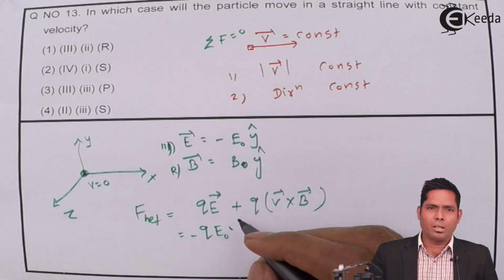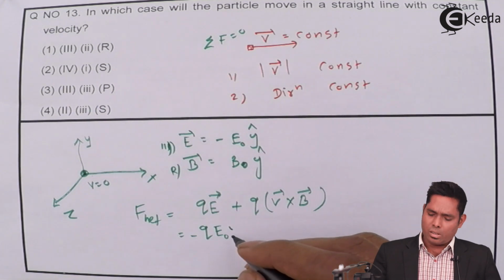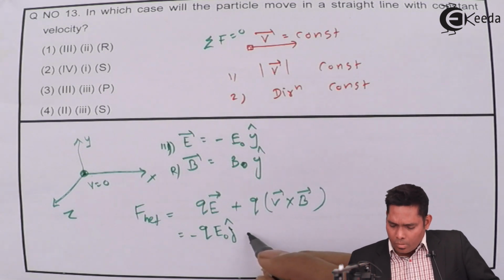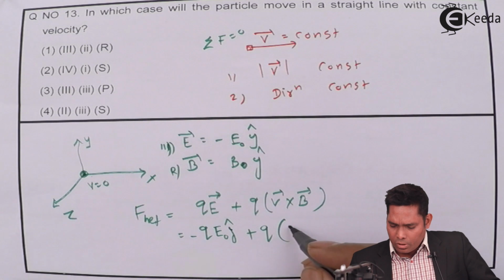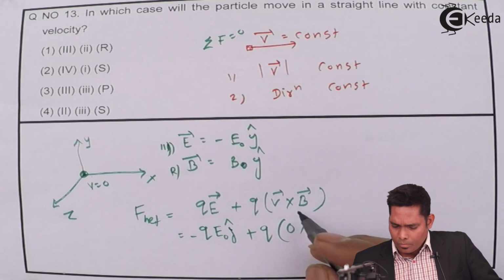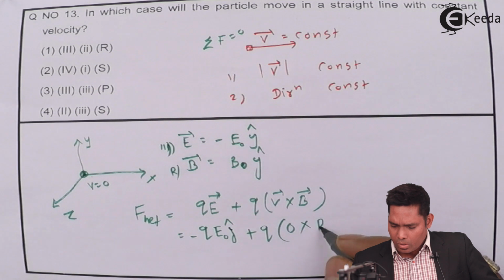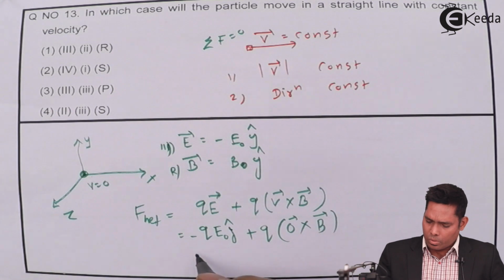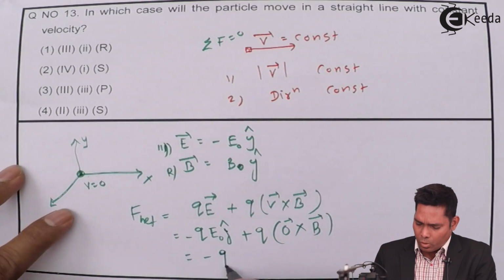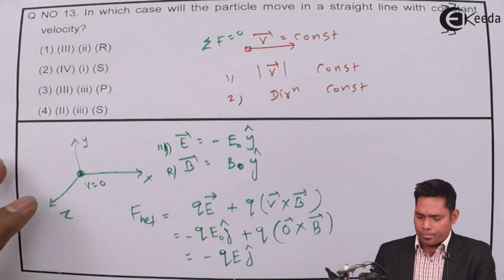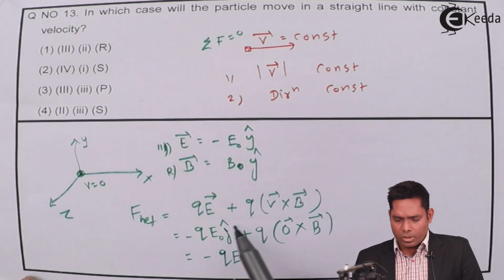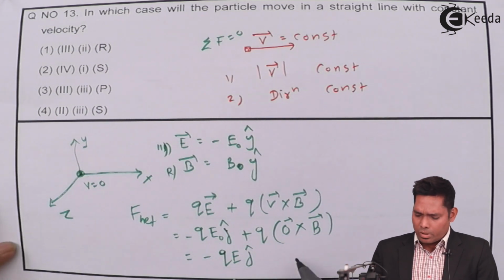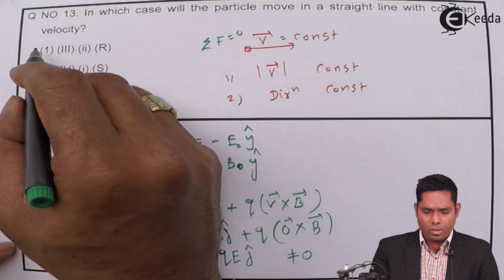Y cap is along the y direction, you can write j cap, no problem with that, plus Q of v cross B, and v is not given, so it is 0, so this becomes 0, so this is minus Q E0 j cap. That means this is not coming out to be 0. So obviously this is not 0, so this option is not correct.